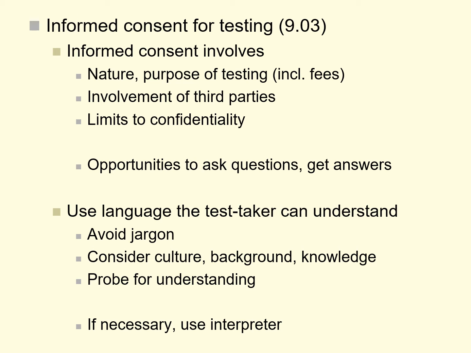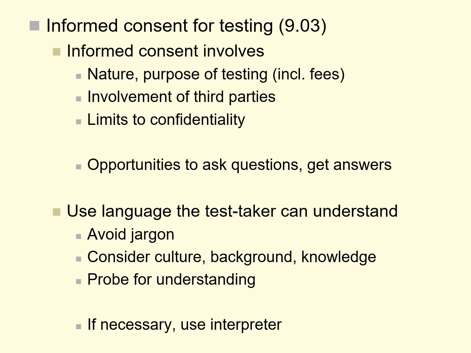The APA standard 9.03 is also very specific about language, that we should avoid using jargon. We should speak in language that the test taker can easily understand, and we should be considerate of culture and background and knowledge that the person brings to the conversation so that we don't accidentally mislead them.